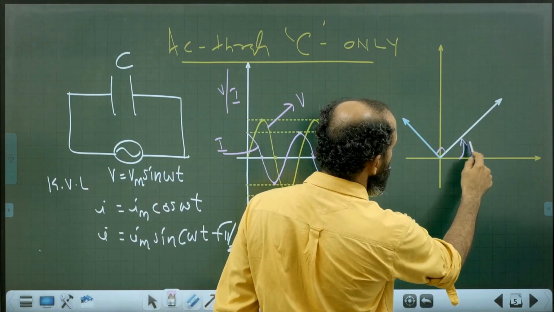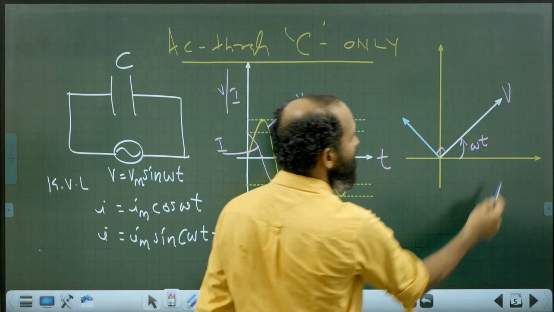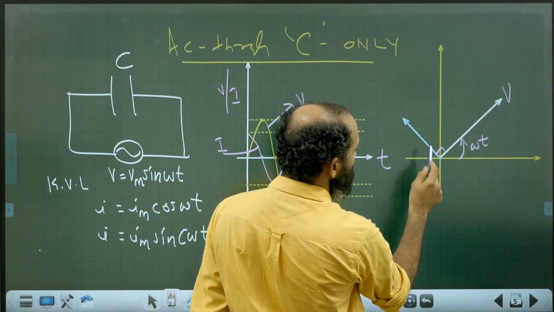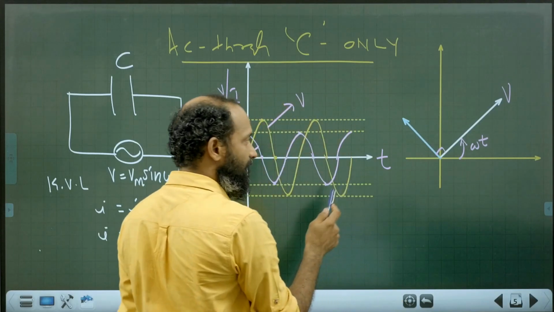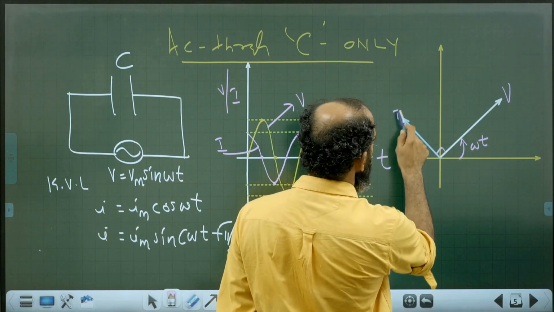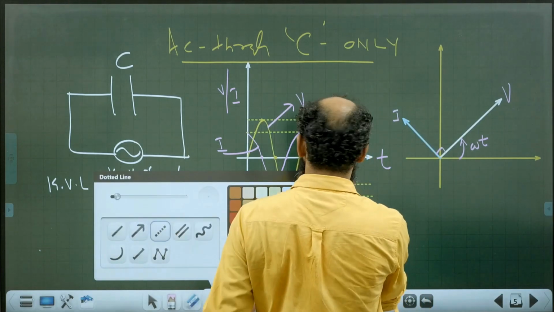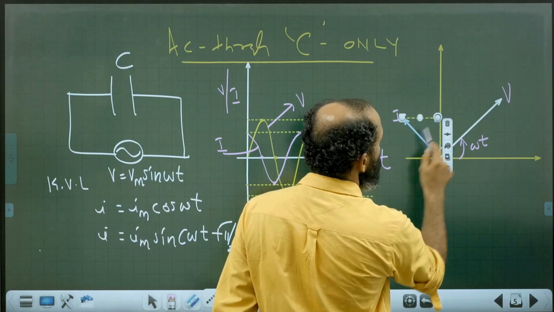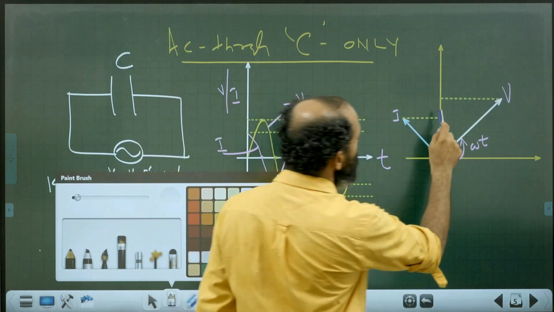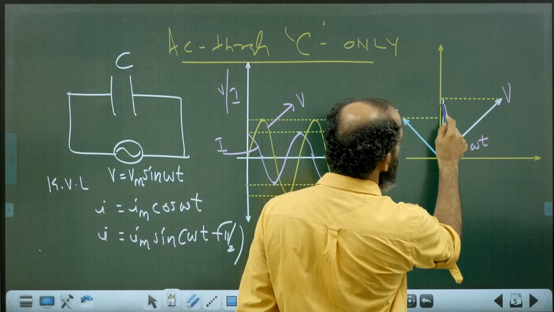In t seconds, the voltage phasor turns through an angle omega t. At that instant, the current phasor is at an angle omega t plus 90 with respect to the x-axis. This is the current phasor. Dropping a perpendicular onto the vertical axis from each of the phasor tips will give you instantaneous values of voltage and current.